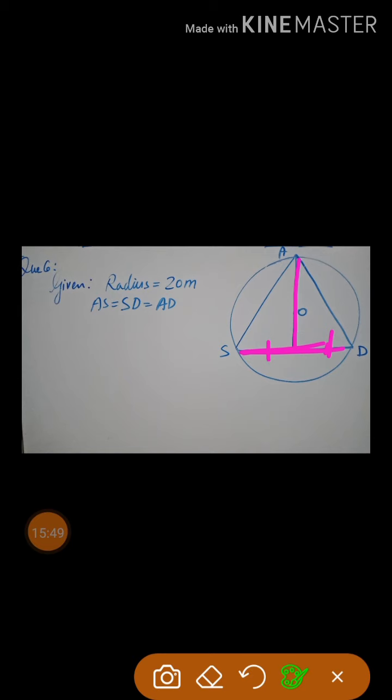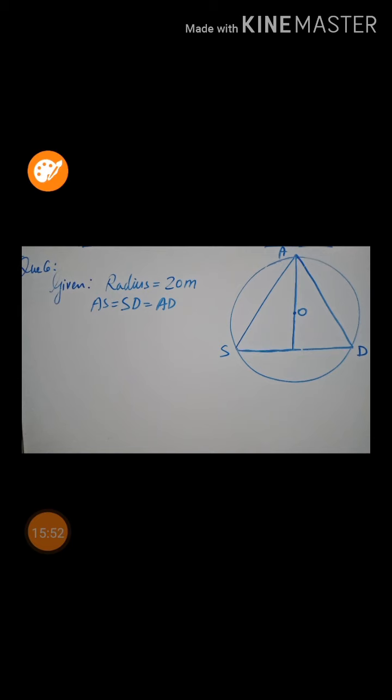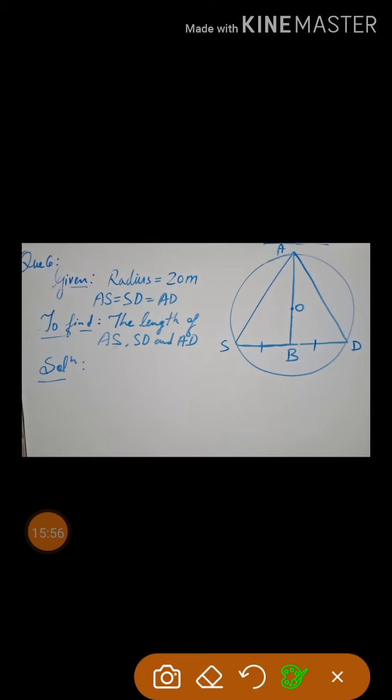In this way we can give a name here also. We are giving the name B because this is A. So this is a median AB, and SD is now divided into two equal parts, SB and BD.